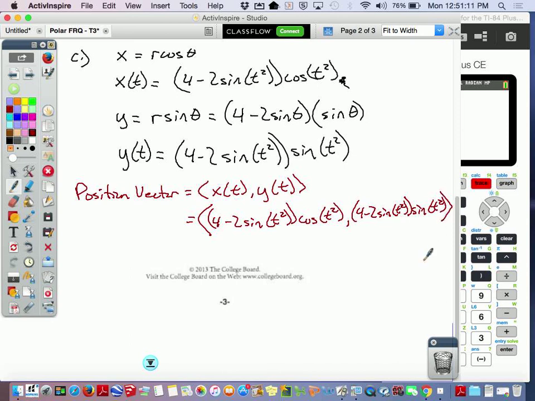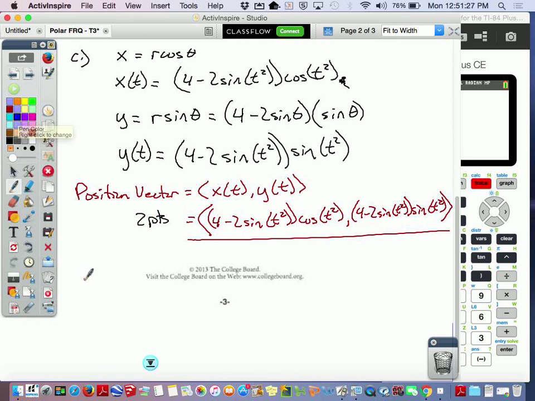And that's our position vector. Now if we get the position vector, this was worth 2 points. Right here, for our last point, it says find the velocity vector at t equals 1.5.